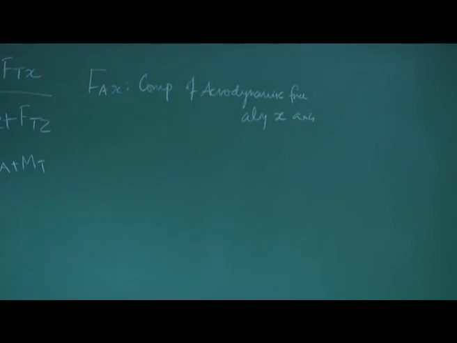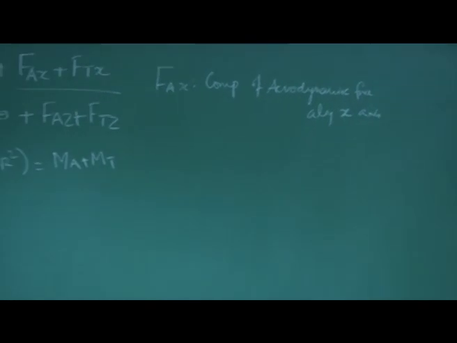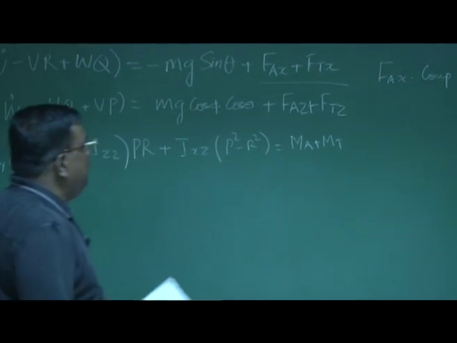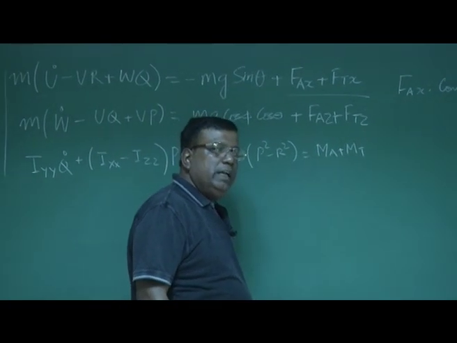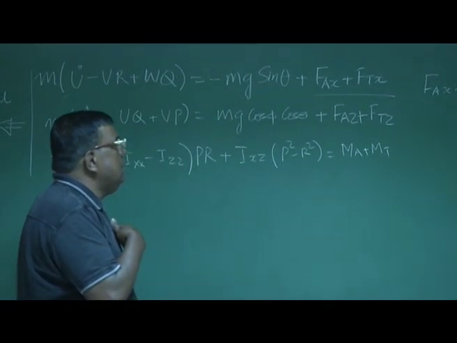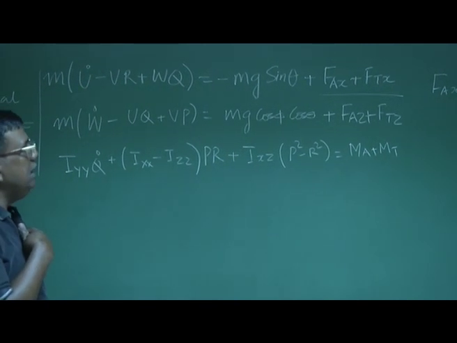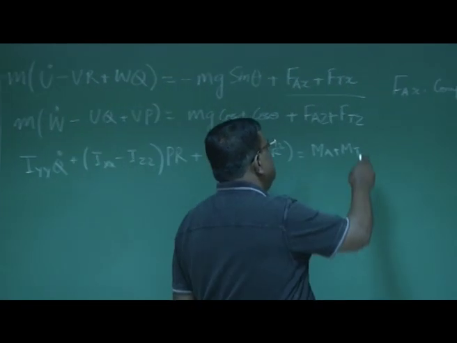It's very important. Similarly, FAZ is the component of aerodynamic forces along body fixed z-axis, and MA is, of course, the moment about y-axis, aerodynamic moment. And what is FTX? FTX is because of thrust.